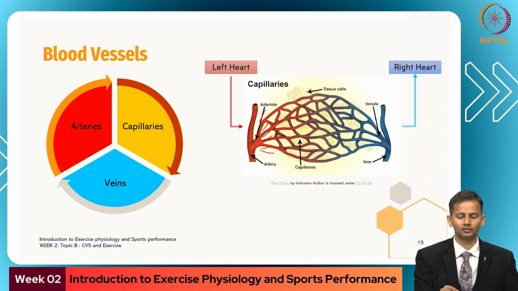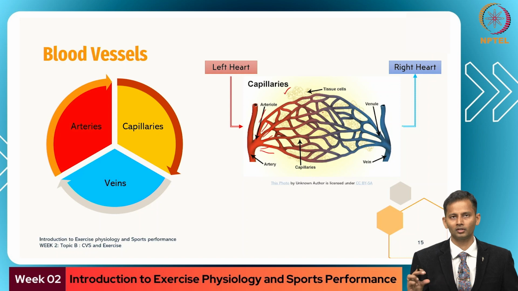These arteries are further divided into a smaller network of arteries called arterioles. And further inside the tissue, you see the cells here. Inside the tissues, further branching happens and forms a single-cell-layered wall of blood vessel called capillaries.